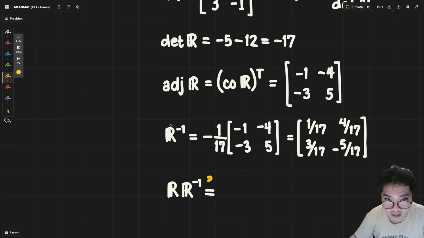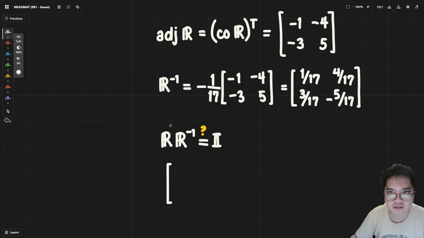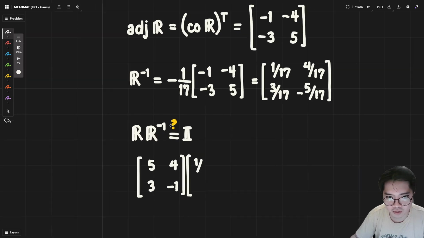We're still not sure, so let's try and see now. Your R is 5, 4, 3, -1, and then we will have this thing: 1 over 17, 4 over 17, 3 over 17, and -5 over 17.